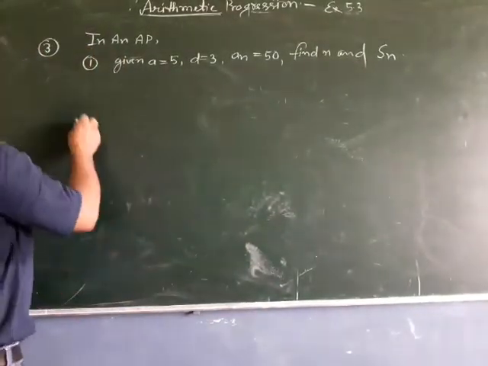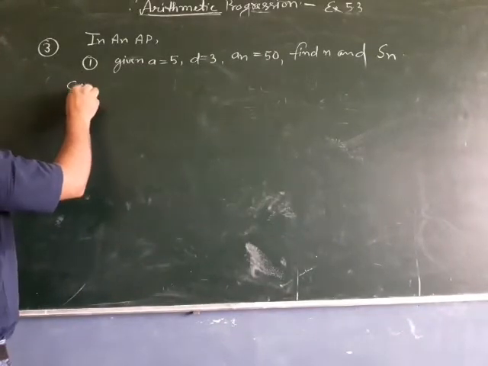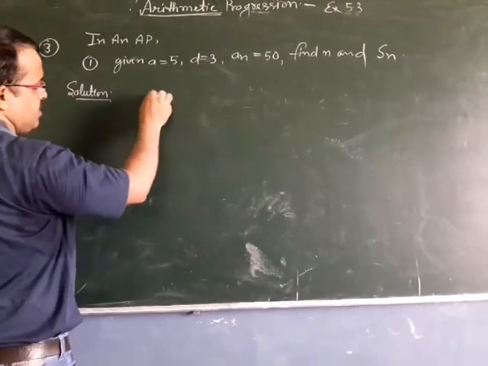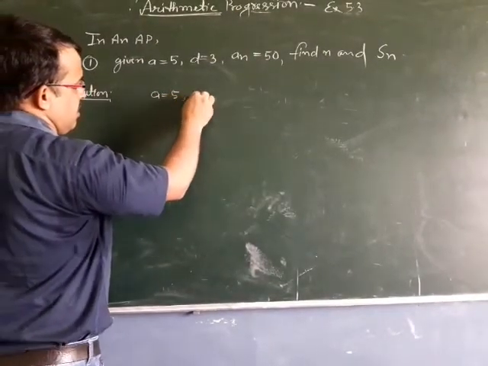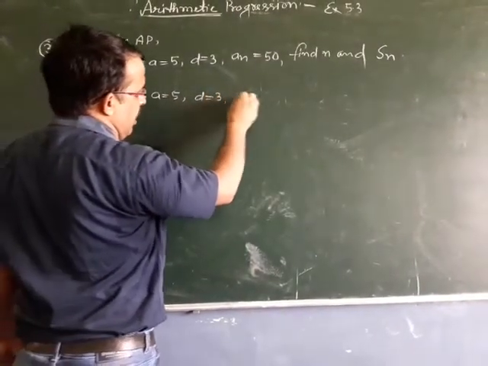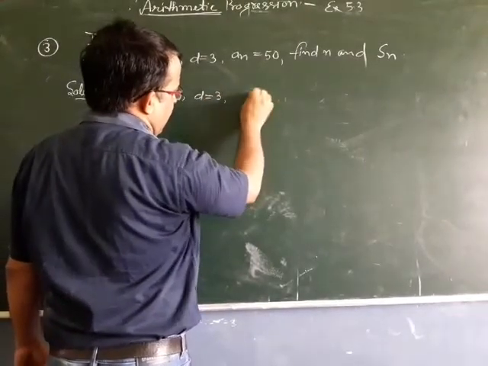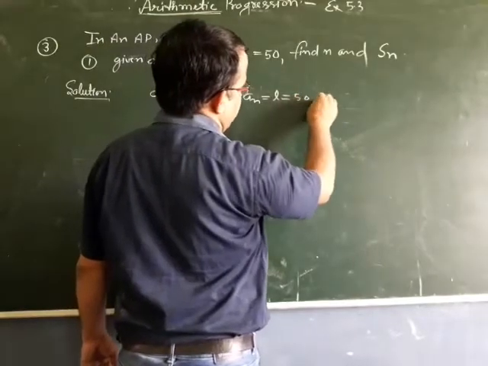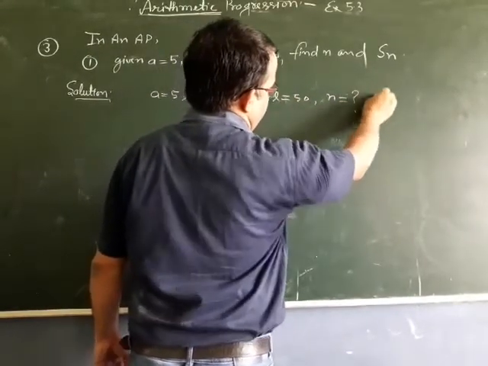Now look at the solution of this problem. a is given as 5, d is given as 3, and the last term an is 50. Find n and Sn.